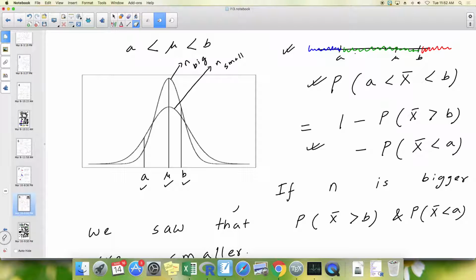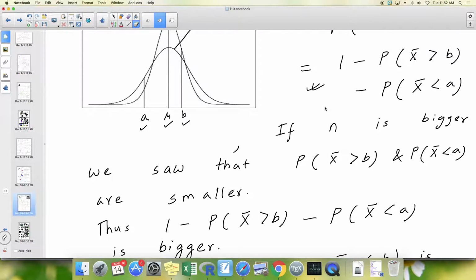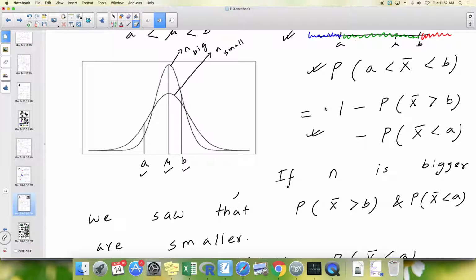Okay, so we have proved this. Now, my logic is as follows. If n is smaller, then the tails are bigger.